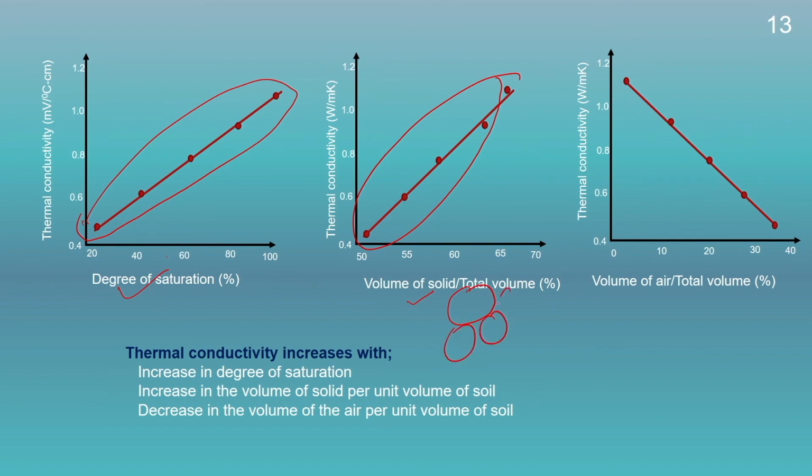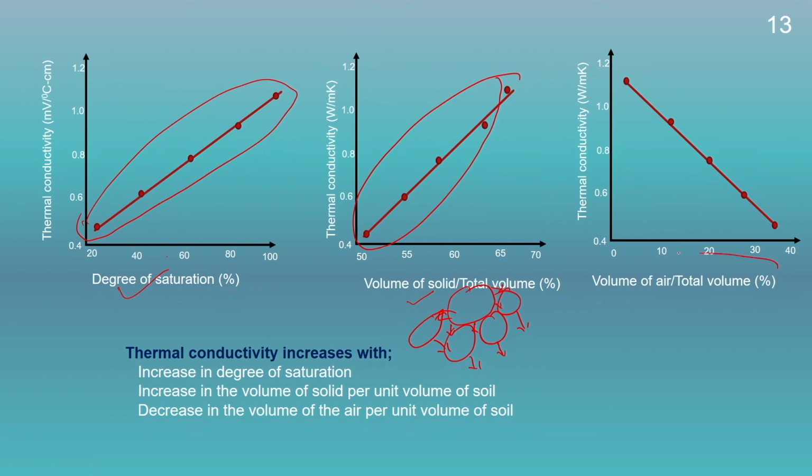So, you could see here, with more particles, the heat can transfer between the particles, and the more particles there are, the more heat will transfer, therefore, higher will be the thermal conductivity.